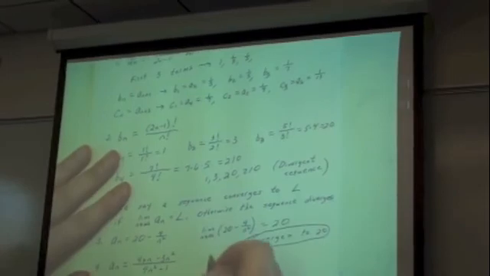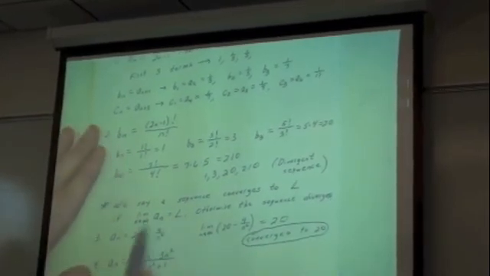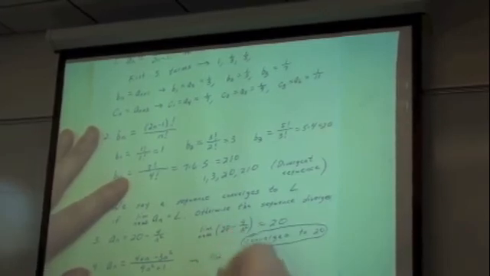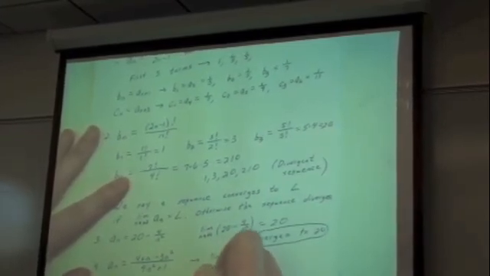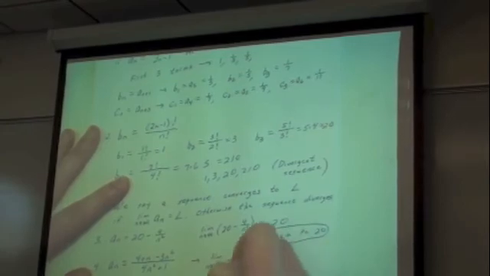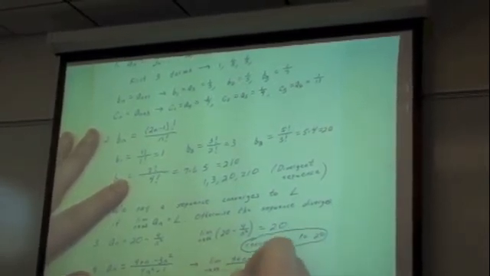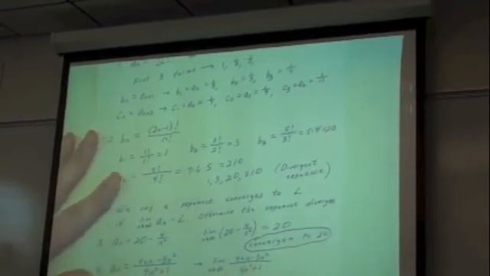To determine if this is convergent or not, you need to take the limit. So I'll be taking the limit as n approaches infinity of 4 plus n minus 3n squared over 4n squared plus 1.